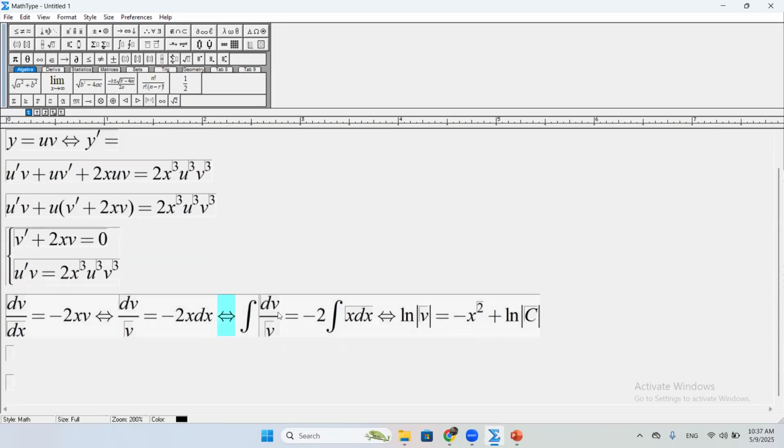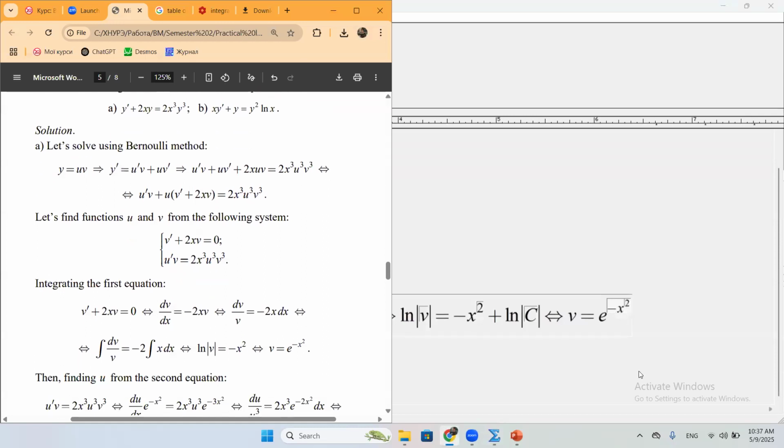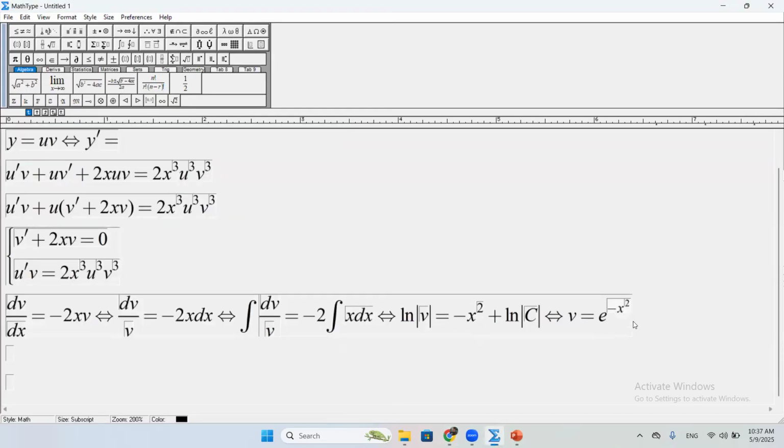Having received the expression for v, v equals e to the power of minus 2x squared, e to the power of x minus x squared. Done with this.